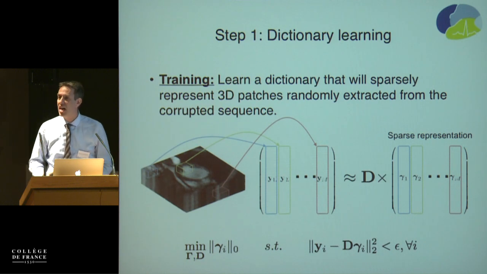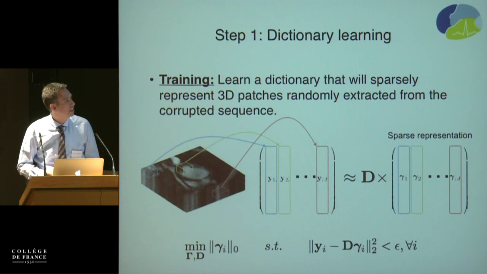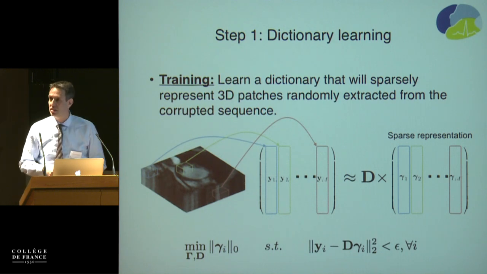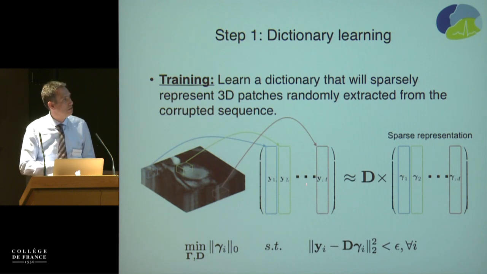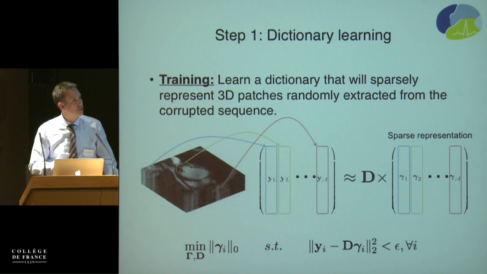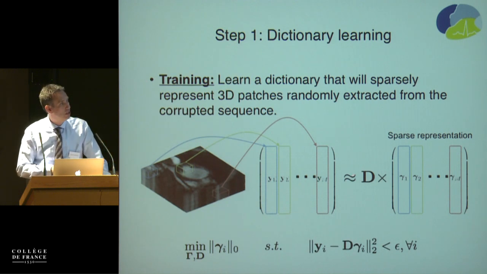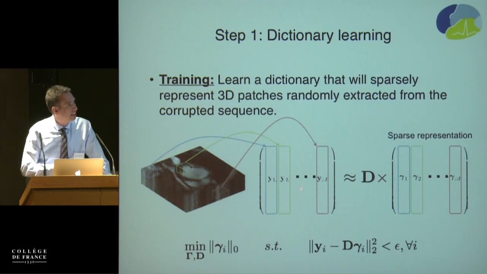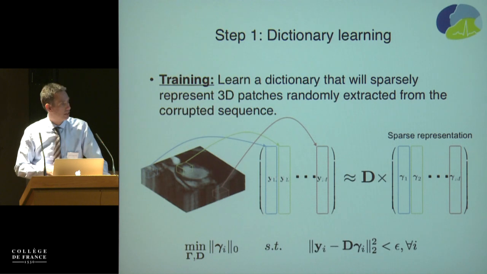So the first stage is how do I construct a dictionary? And that's actually fairly simple. I'm just going to take some patches through my sequence. I'm going to arrange all these patches as columns in a big matrix, and then I'm solving an optimization problem where I try to find a dictionary, which is a matrix of these visual words, which multiplied with a sparse combination of coefficients gives me actually the data I want to reconstruct.